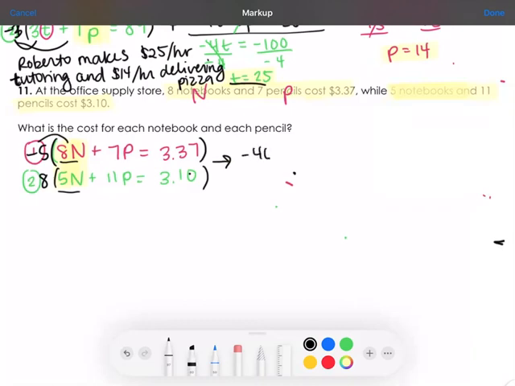So I'm going to distribute -5 times 8 is -40N. -5 times 7 is a -35P. And -5 times 337 is -1685. Down here, 8 times 5 is a +40N, which is what I want.